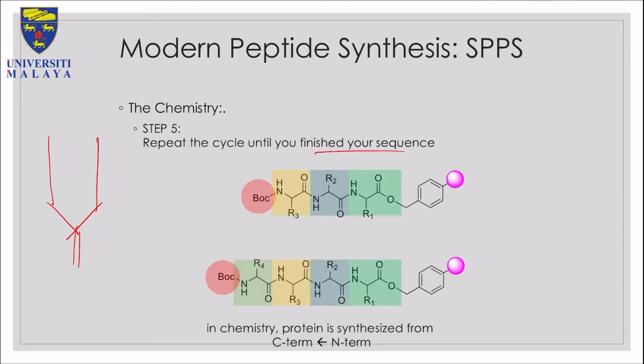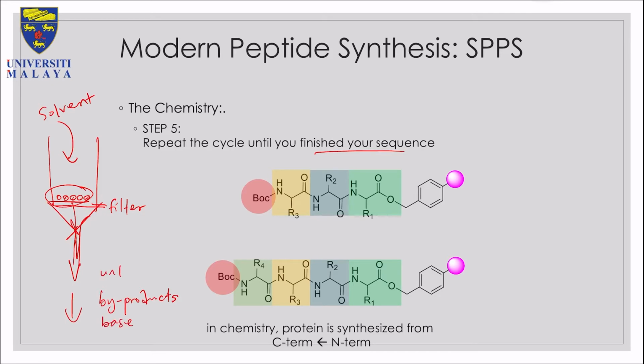Okay, you have your filter, you have your solid support over here that cannot pass through the filter, and then you just add in solvent to just wash the resin, and the solvent will go out with all the byproducts and the bases and unreacted amino acids.